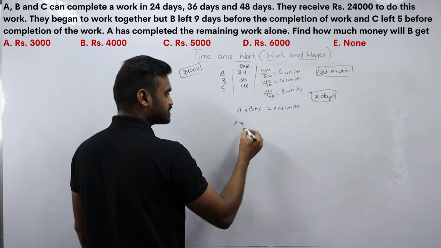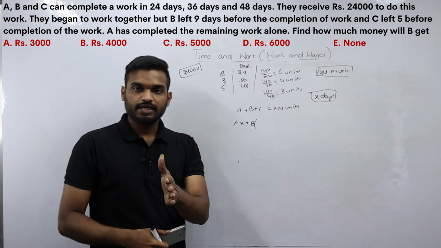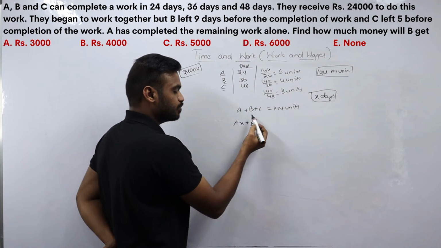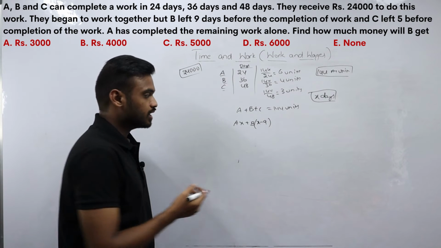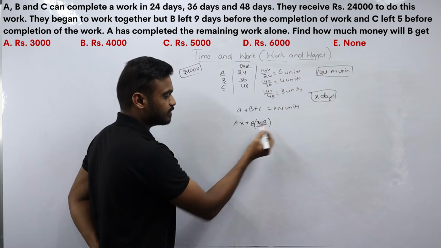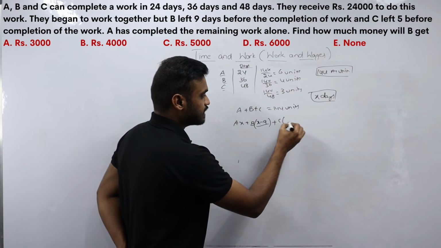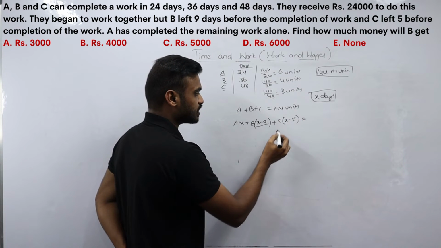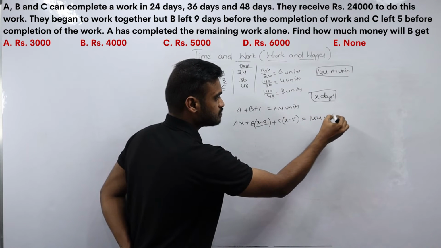B is working only until 9 days before completion of work, so B is working for only X minus 9 days. In the same way, C is leaving the work 5 days before the completion of work, so C is working for X minus 5 days to complete the work of 144 units.